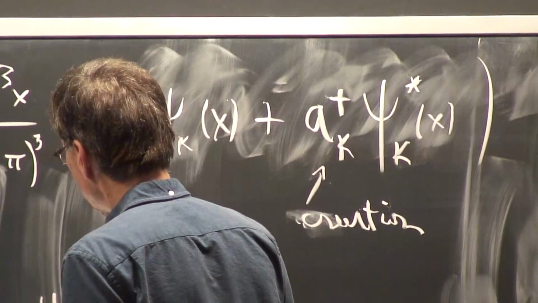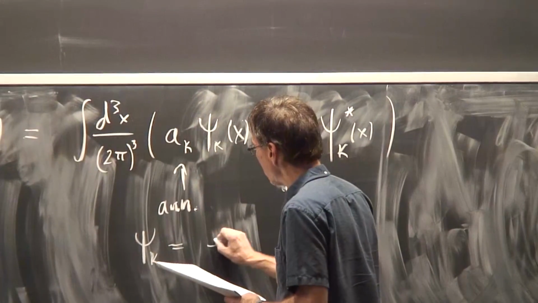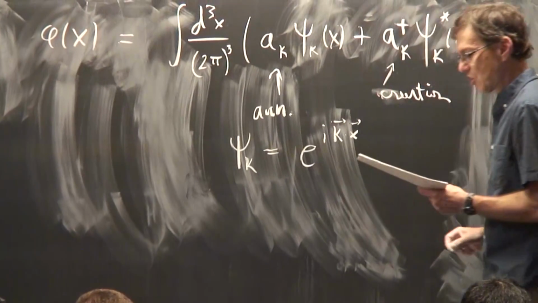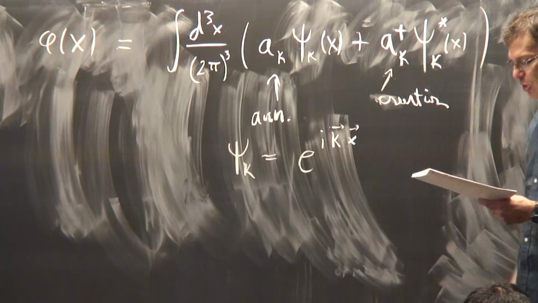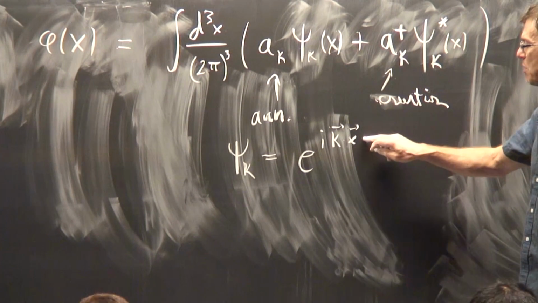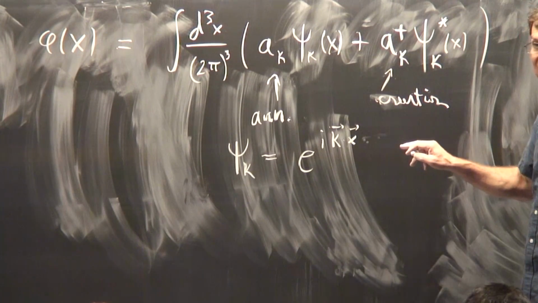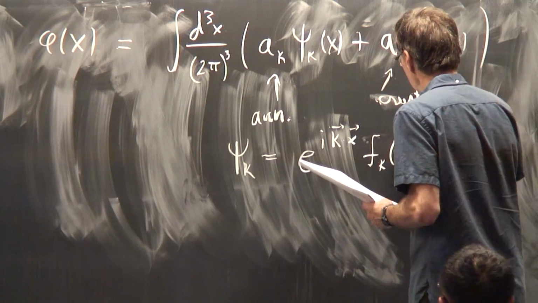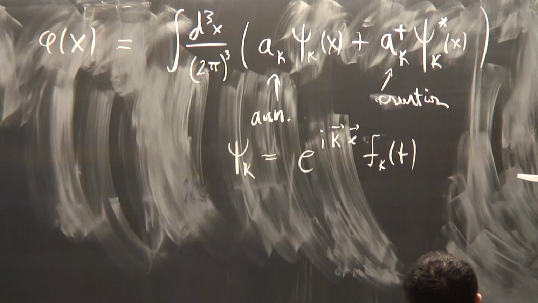And we're going to write these Fourier modes as e to the i k dot x. That's the spatial part. And in Minkowski space, we know what the time part would be, e to the minus i omega t. But now, because we're solving in an expanding background, we have to allow for some other t dependence.